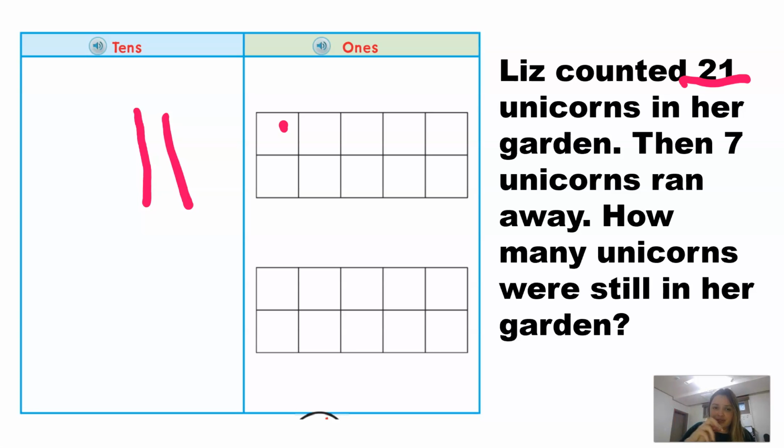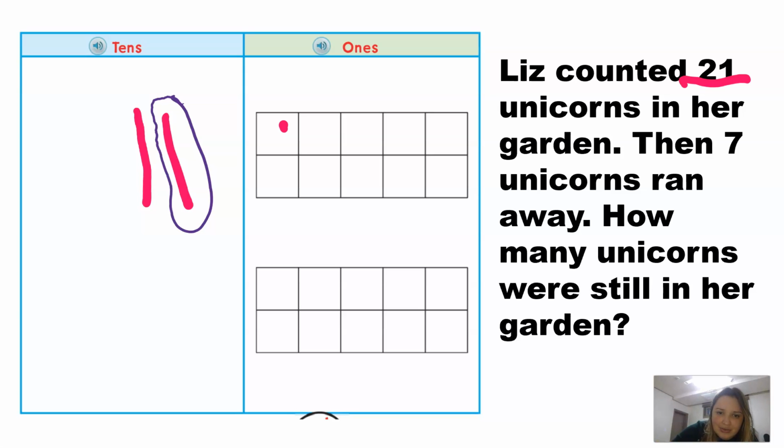So what I'm going to do is pick one of my tens. I'm going to pick this little 10 right here, and that 10, I'm going to kick it. I'm going to ninja it. And that 10 is going to become how many ones? 1 ten is the same as 10 ones.